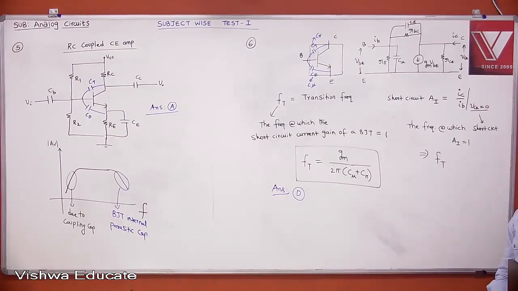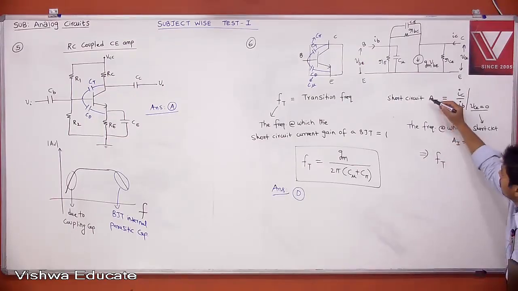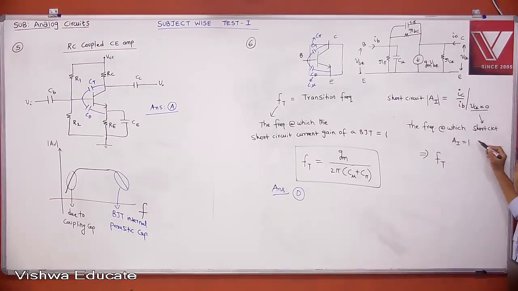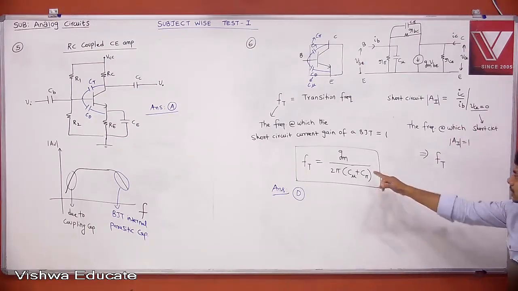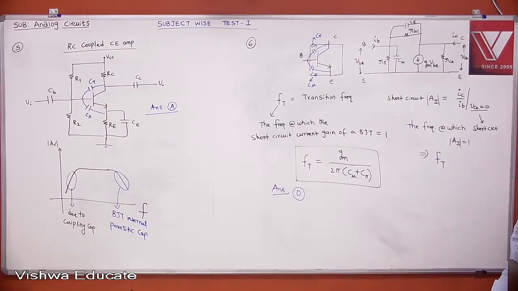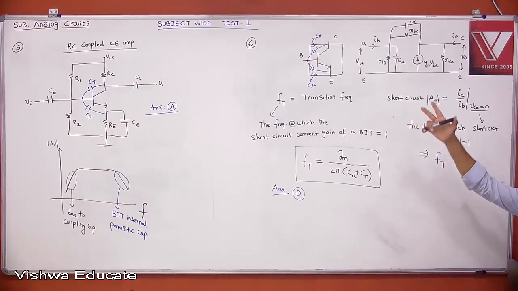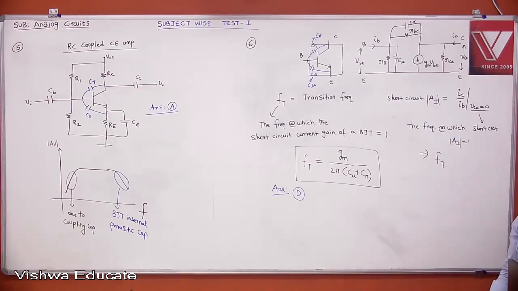Then S is equal to j omega, and the frequency at which the magnitude of the short circuit current gain, mod AI, is equal to 1 is your FT. If you calculate from the transfer function, you will get GM by 2 pi into C pi plus C mu, or CD plus CT. CD is diffusion capacitance, CT is transition capacitance.